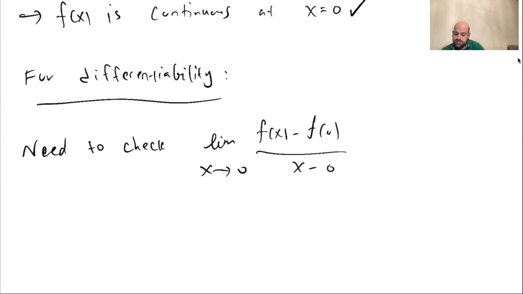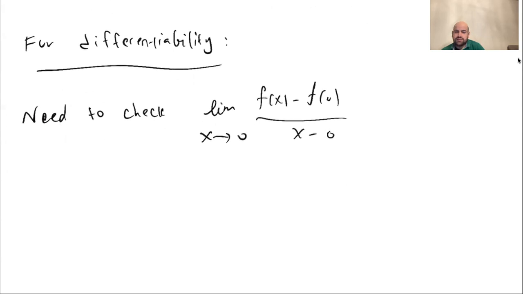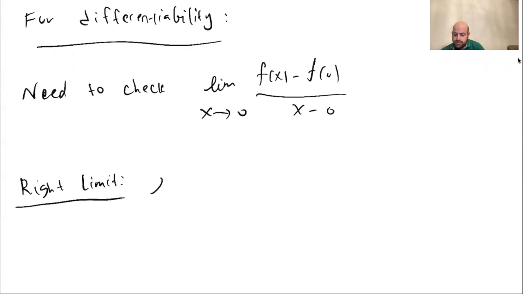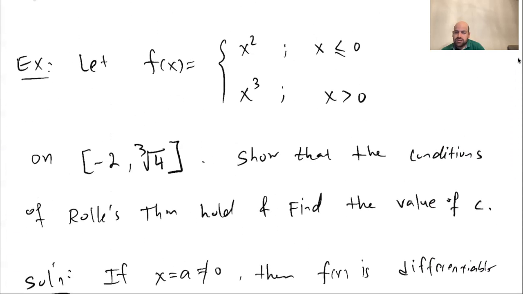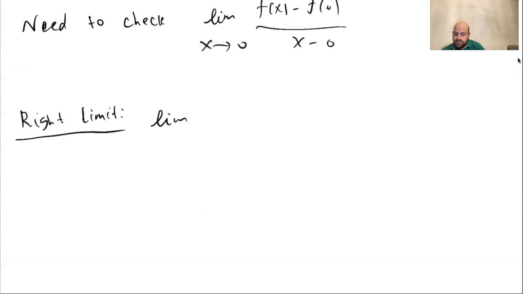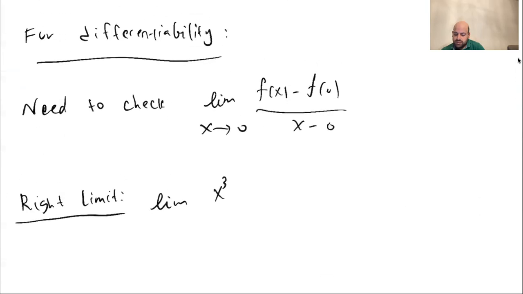F of 0 is 0, so again, you have to check the right limit and left limit and see whether they exist. So for the right limit, now if x is bigger than 0, then which function do I have to use? I have to use x cubed. So limit of x cubed minus 0 over x minus 0, as x approaches 0.